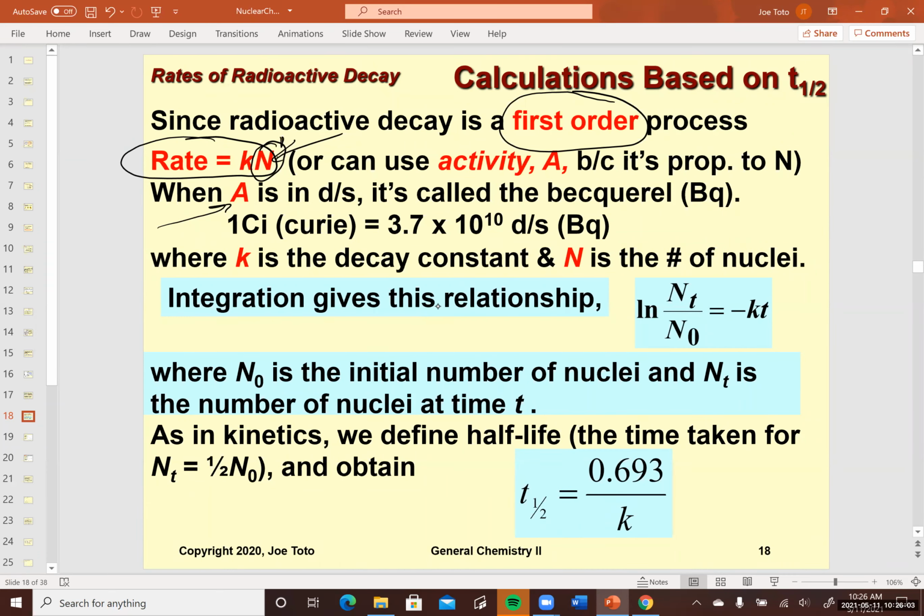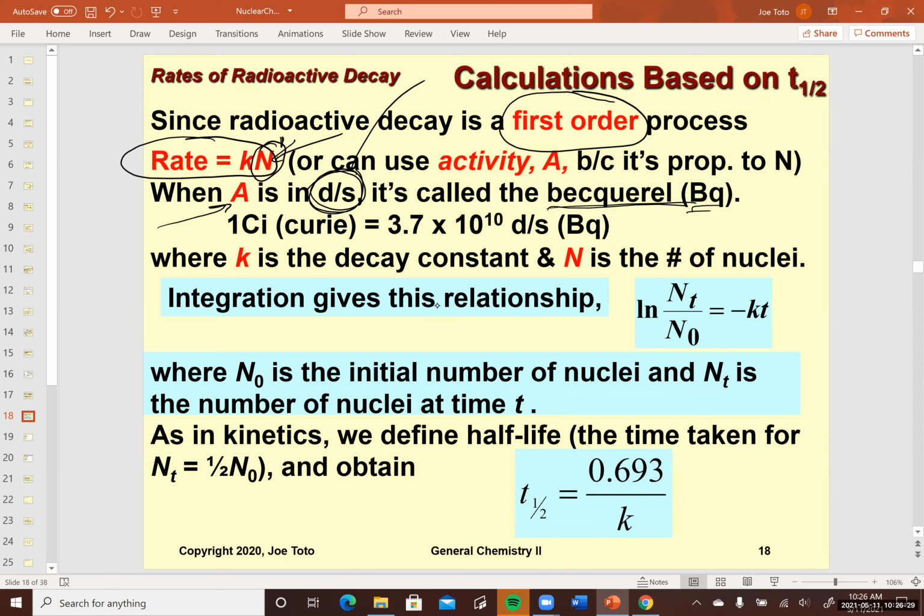Now, what do you measure activity in terms of? One way to measure activity is with units of disintegrations per second. So that's what D over S is, disintegrations per second. And that's also that unit of measurement called the becquerel. So it's given that abbreviation sometimes.